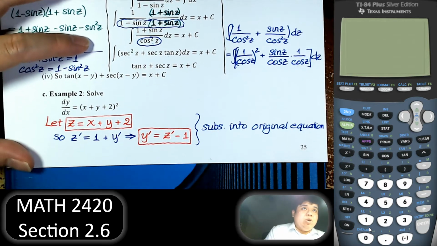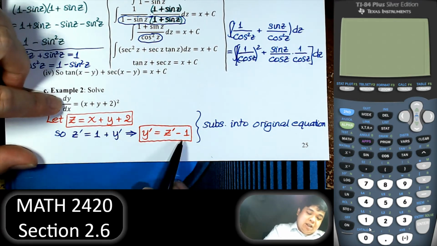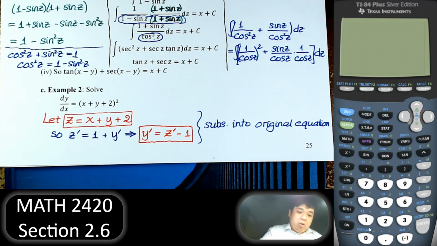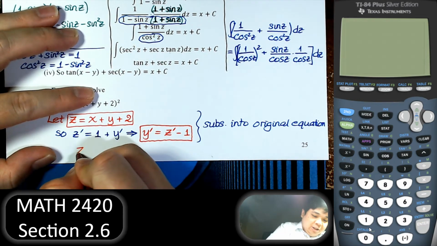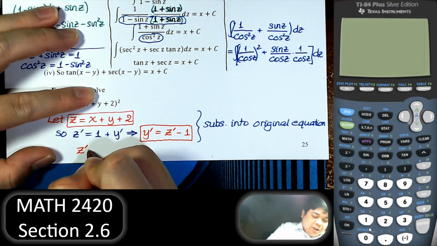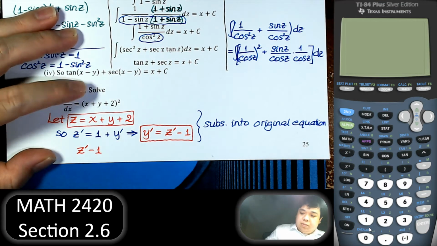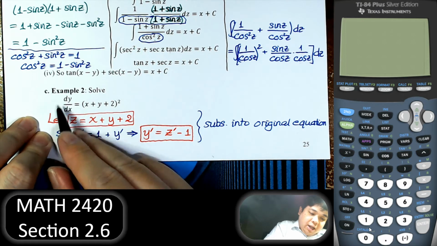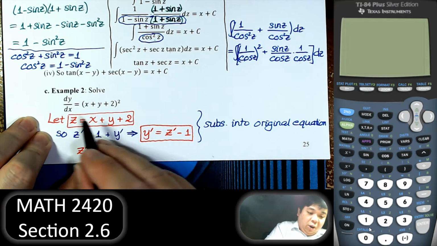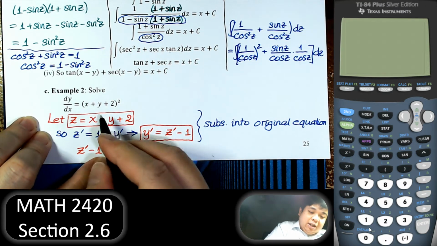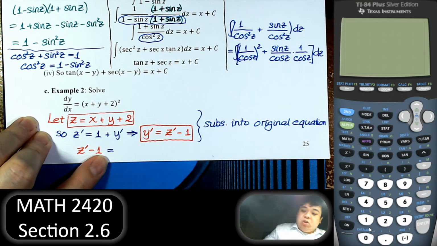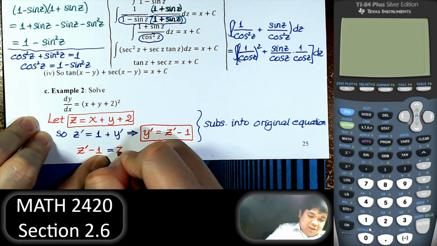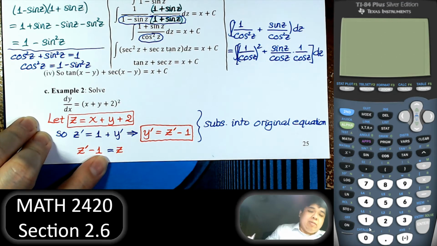When we do that, what do we have? dy over dx is going to be z prime minus 1. That dy over dx, or y prime. And then the right hand side, x plus y plus 2, that is z squared.